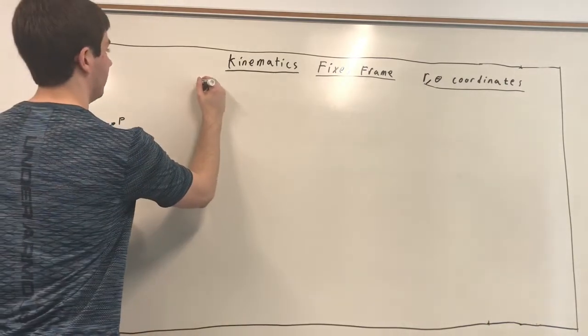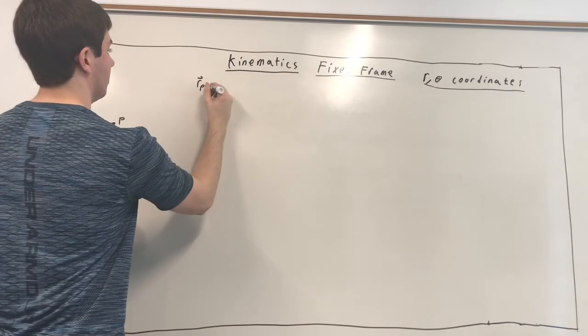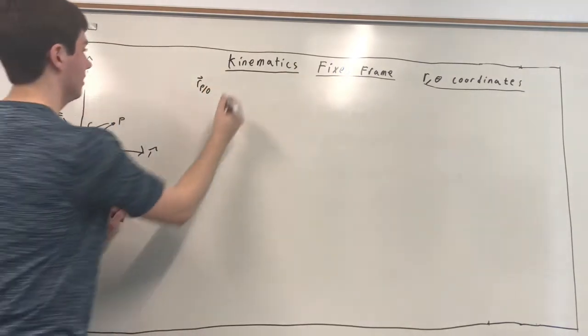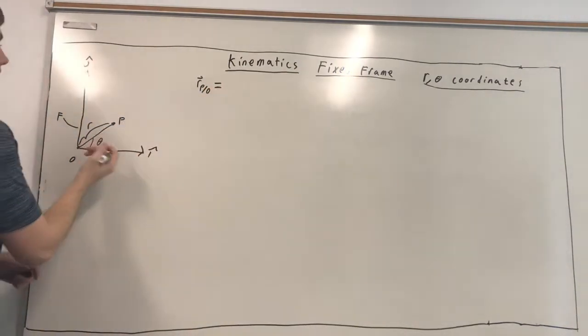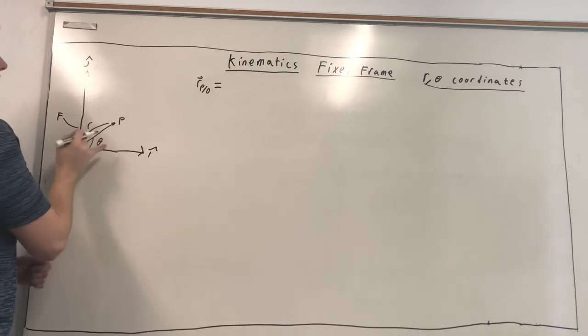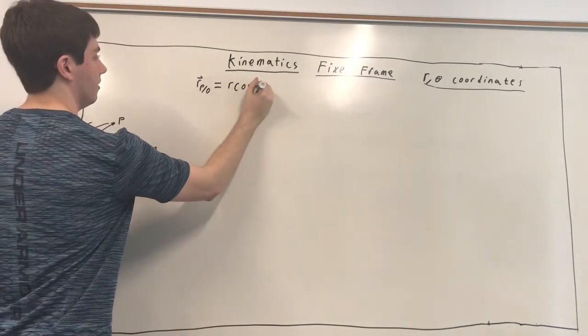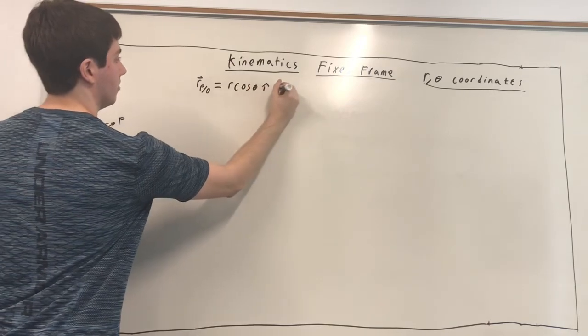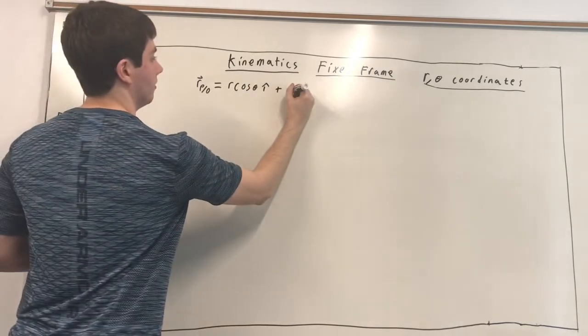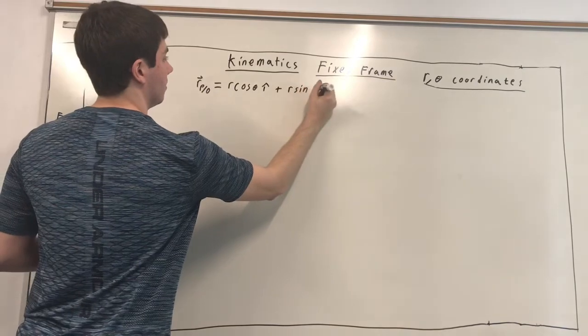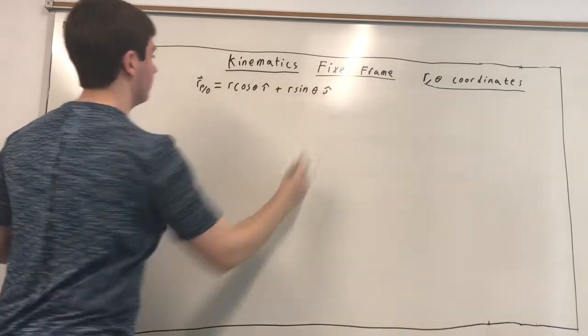So you have r of P with respect to O equals, using some basic trigonometry, you can see that this is going to be r cosine theta i hat plus r sine theta j hat.